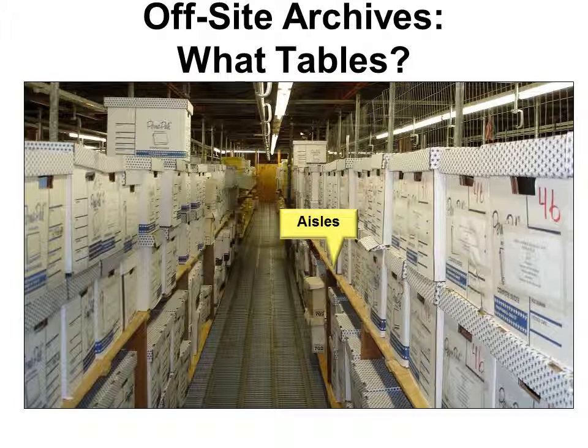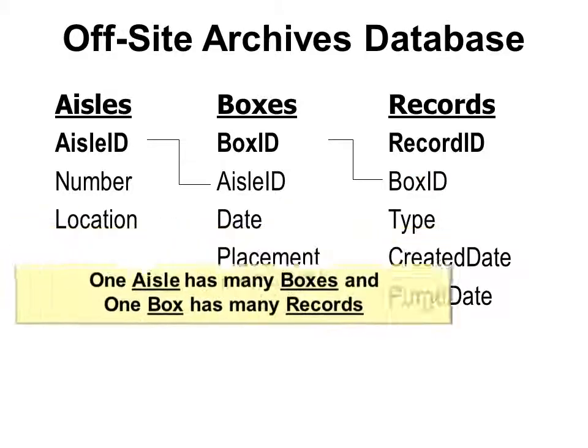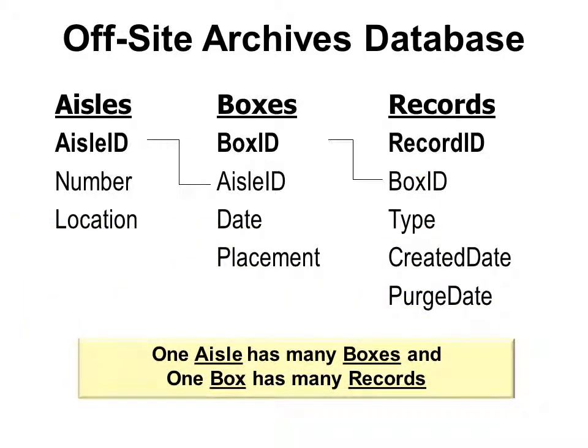So one aisle has many boxes, and one box has many records. A table of aisles, a table of boxes, and a table of records, each with its own unique identifier. Aisle ID, box ID, record ID, and 2 foreign keys to relate them, because one aisle has many boxes and one box has many records.